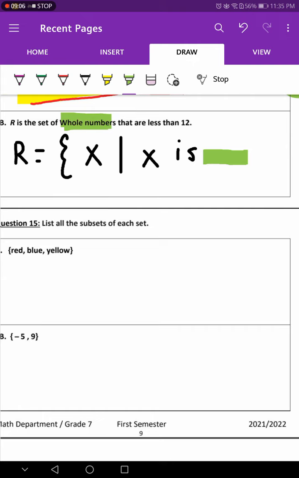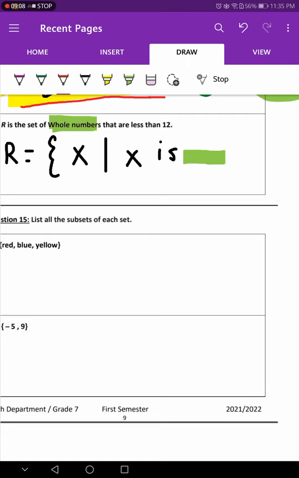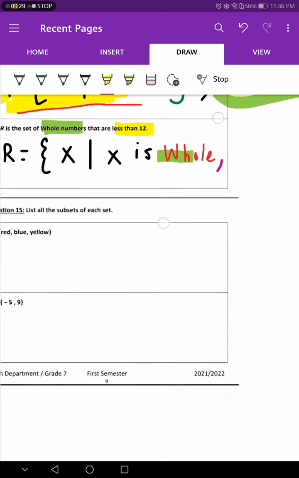So I will write a whole number, comma. Now I will write the condition. I get it from here: X less than 12. Don't write R less than 12. No, you are talking about X in set builder notation.